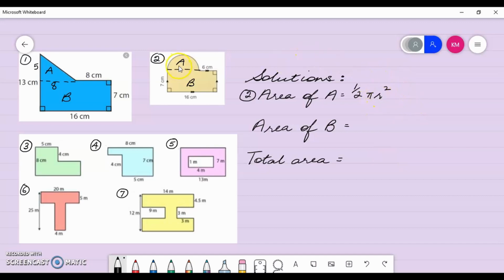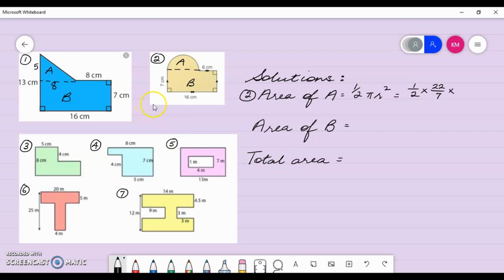It's half a circle I want to find out the area for, so I say half pi r squared. That is going to give me a half multiplied by 22 over 7, and in this case I'm just using pi as 22 over 7, multiplied by my radius squared.